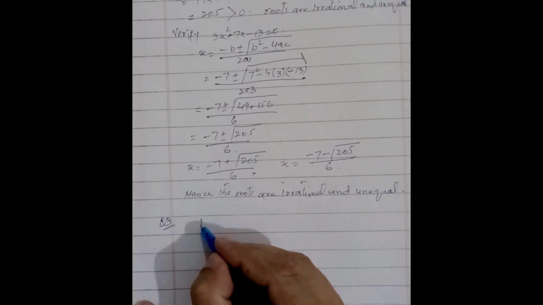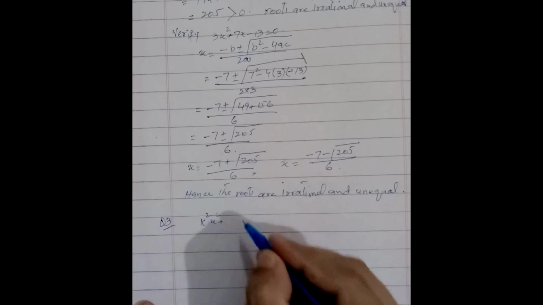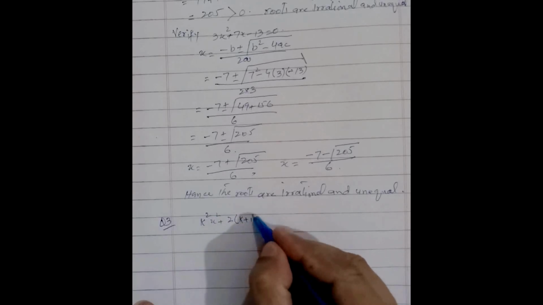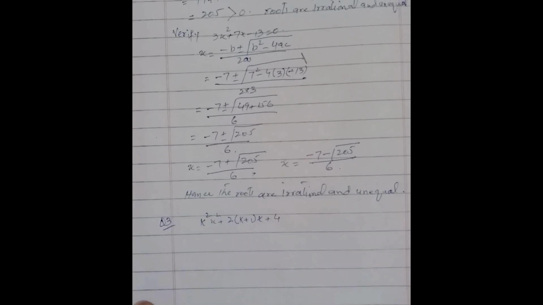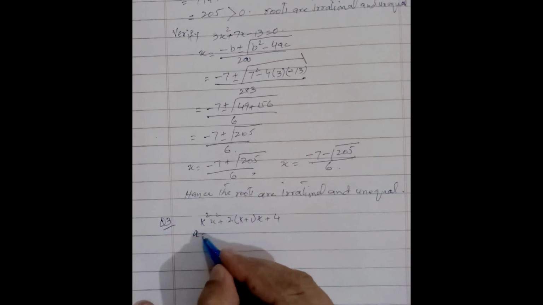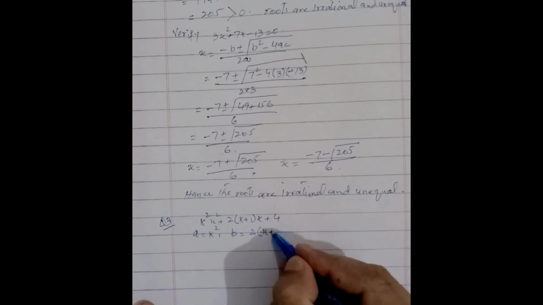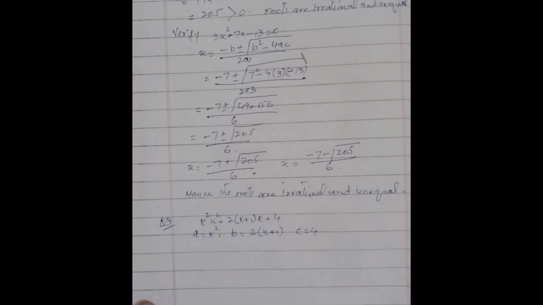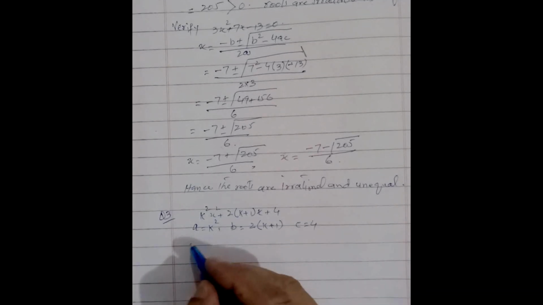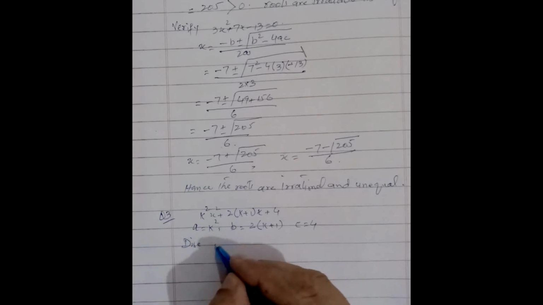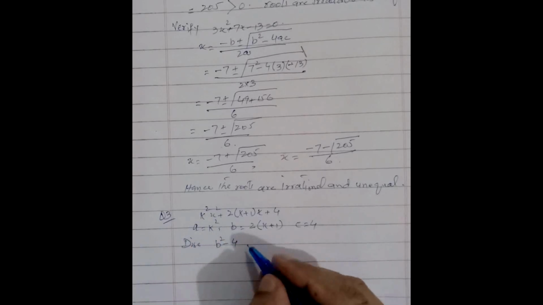Let the expression be k square x square plus 2(k plus 1) x plus 4. Here we find a is equal to k square, b is equal to 2 into (k plus 1), c is equal to 4, and we find the discriminant, and we know the discriminant is equal to b square minus 4ac.